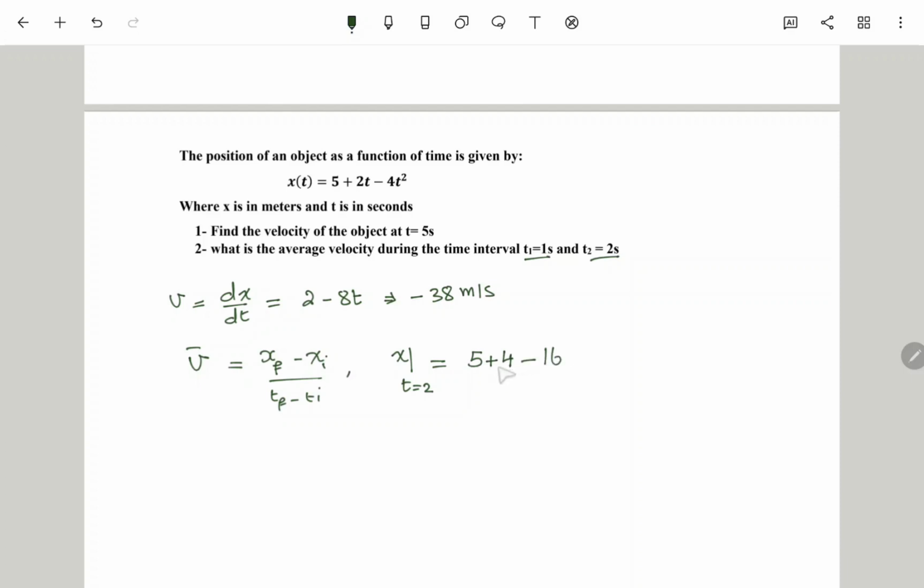So 5 plus 4 is 9, minus 16 is minus 7 meters. And x when t equals 1 second is 5 plus 2 minus 4, which is 3 meters. Now the average velocity equals minus 7 minus 3 over 2 minus 1, which is just 1. So it's equal to minus 10 meters per second.